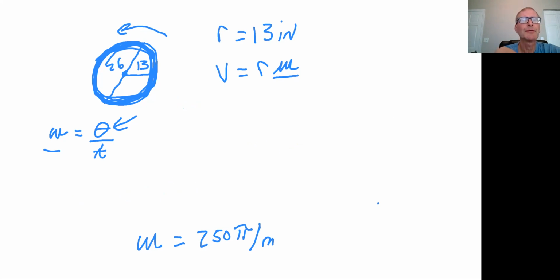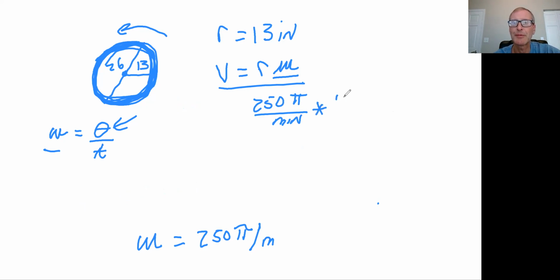So with regards to linear speed, we have this equation right here. And so this would be 250 pi over minutes. And then we're going to multiply it times 13 inches. And so when you do that calculation, you would get 3,250 pi. And now we're in inches per minute.